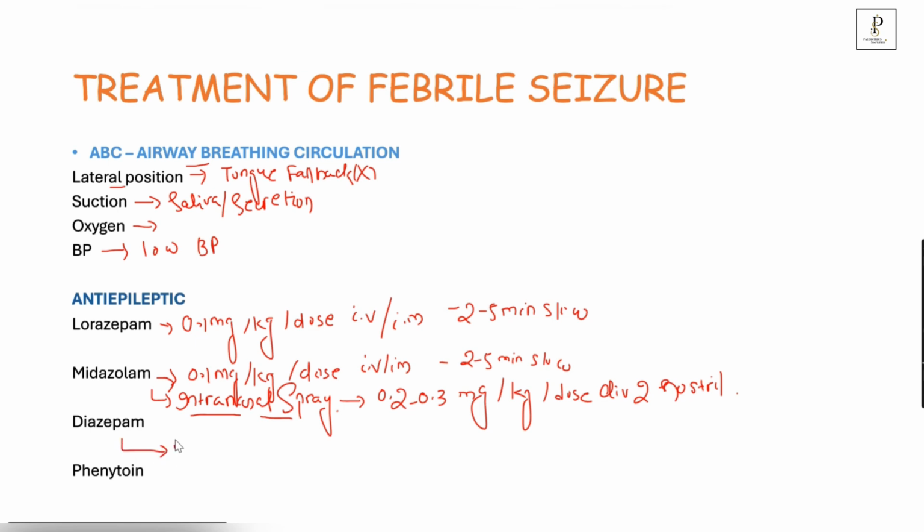Diazepam can be given IV or per rectal. The IV dose is 0.2 to 0.5 mg per kg per dose. Per rectal dose is 0.3 to 0.5 mg per kg per dose.